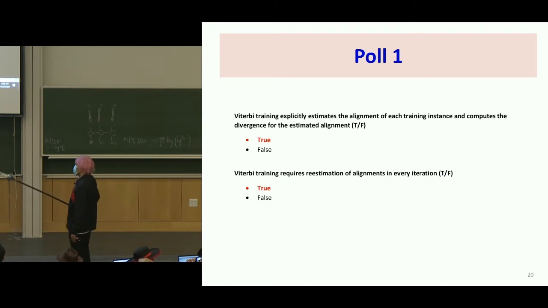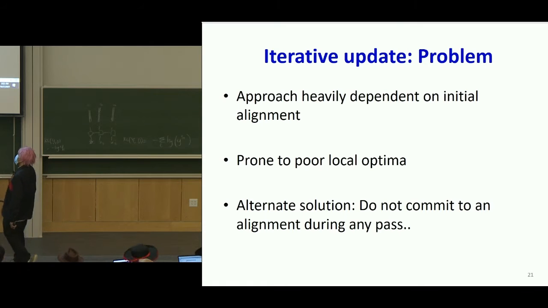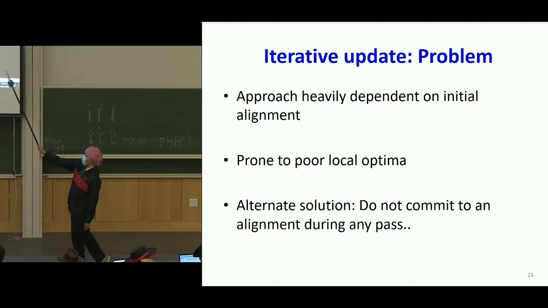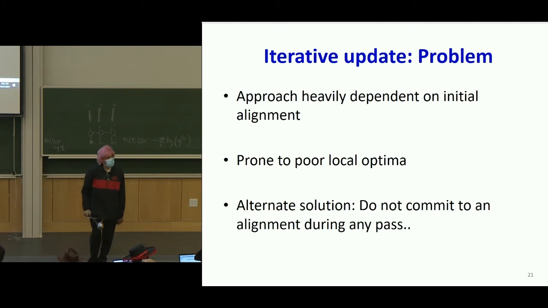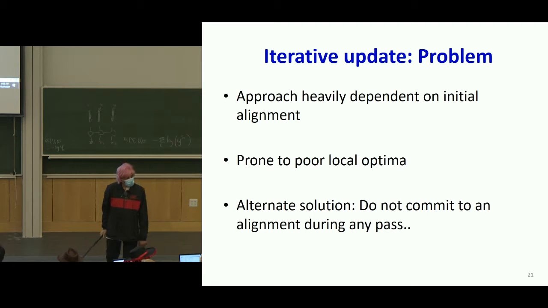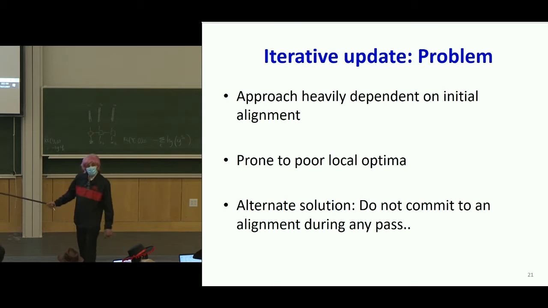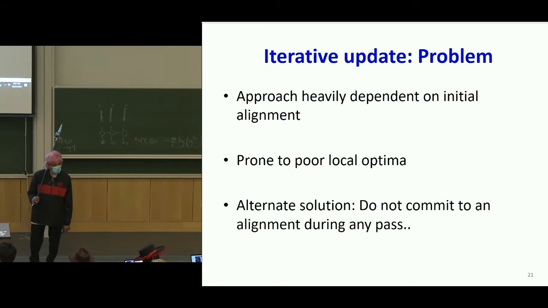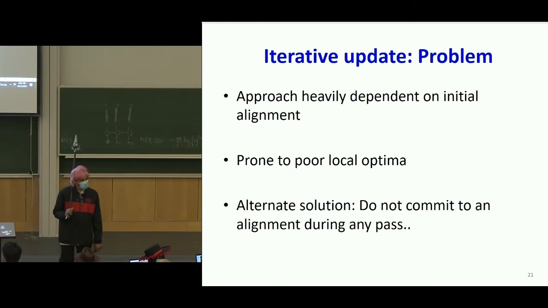So it ends up being quite computationally intensive. And more importantly, the approach heavily depends on the initial alignment that you assign when you initialize your models. And if that is bad, and it will usually be bad because you're going to get it wrong the first time around, this is going to go into a poor local minimum.